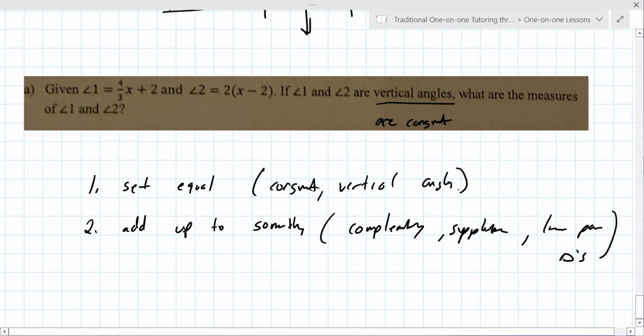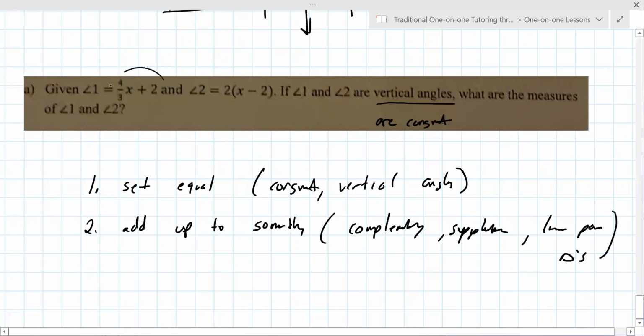So set equal, congruent, and they're vertical. And then they add up to something. So are we solving to figure out what they add up to? They're equal.